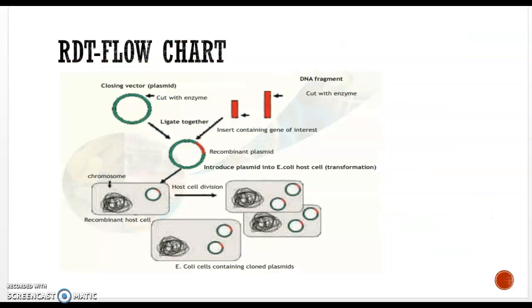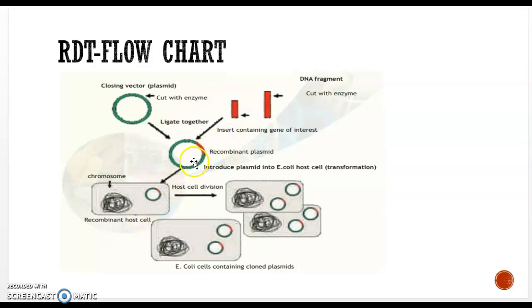Now it will be clear from this figure that this is the desired fragment. This is the vector DNA, like a plasmid. When it is digested with the same restriction enzyme, it will open and this fragment can be inserted inside it with the help of DNA ligase enzyme, and this structure is known as recombinant DNA, hybrid DNA or chimeric DNA.